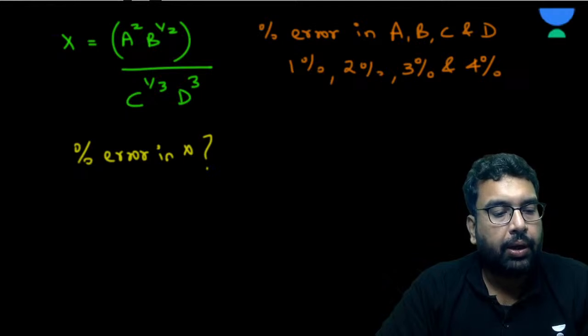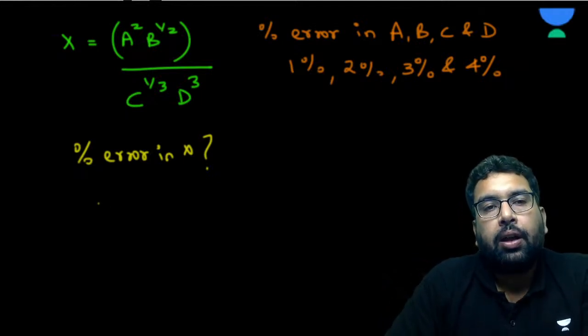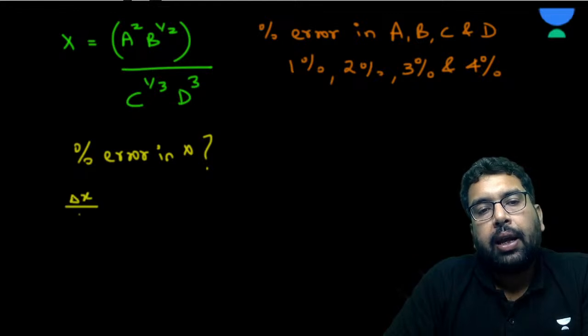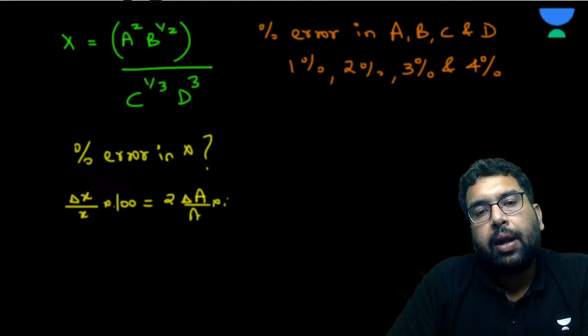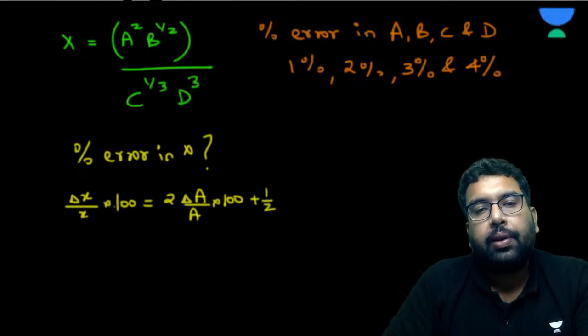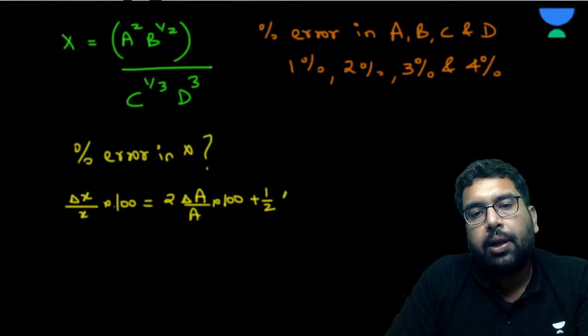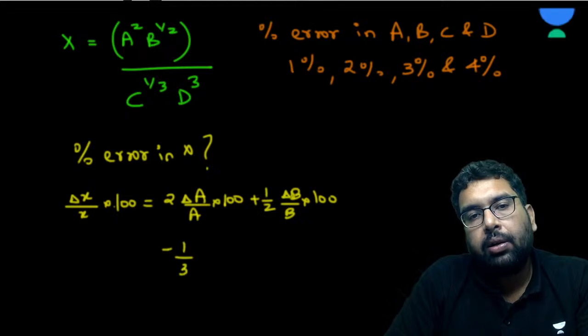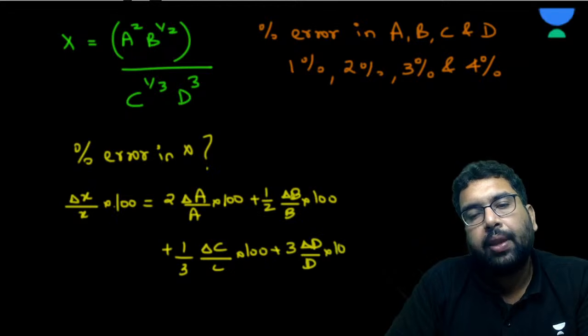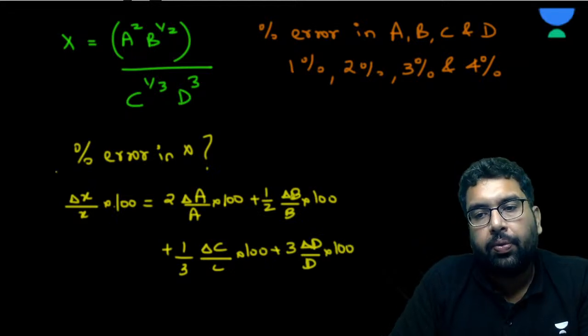We can write delta x by x into 100 equals 2 times delta a by a into 100, plus half times delta b by b into 100, plus 1 by 3 times delta c by c into 100, plus 3 times delta d by d into 100.